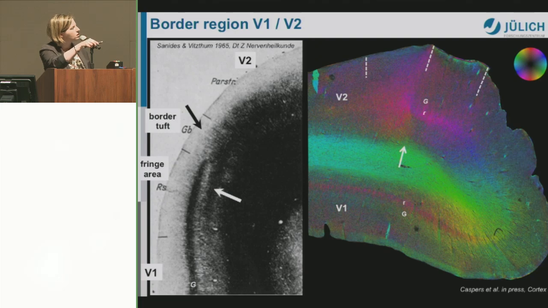You see here a long bundle running from the deep white matter radially into the cortex, and some fading of the Gennari stripe, going on here in the border tuft region. This would be the border tuft on the side of area V2 and the fringe area on the side of area V1.